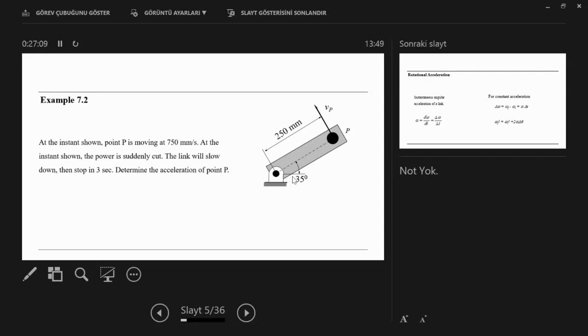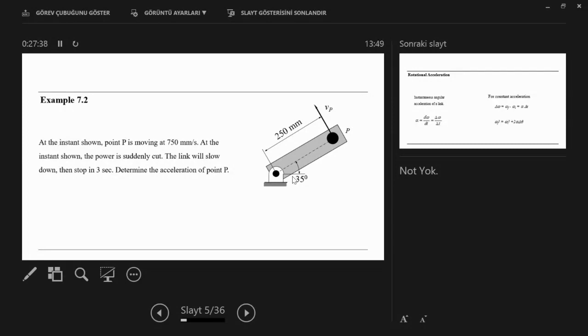Millimeters per second square. Is it correct? Okay, so this is the tangential acceleration: 250. 250 millimeters per second square.